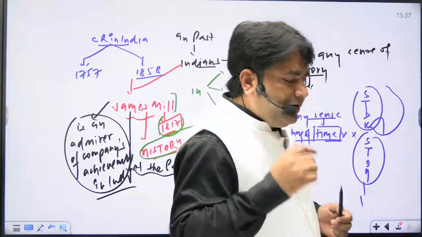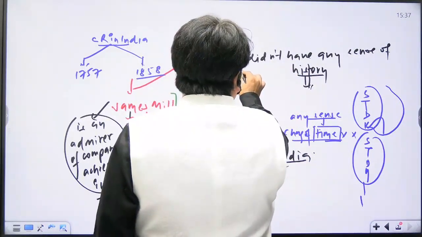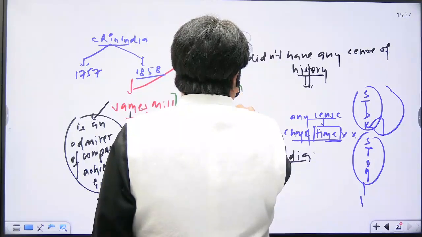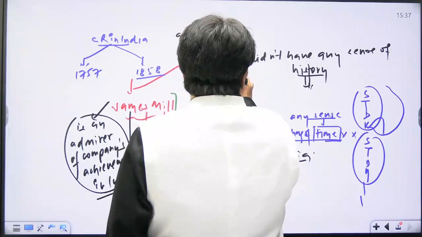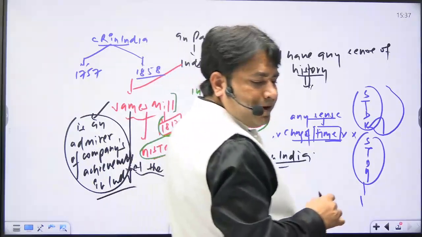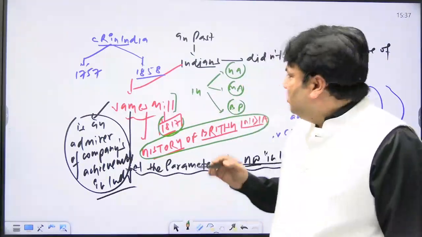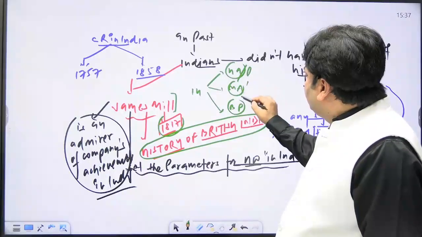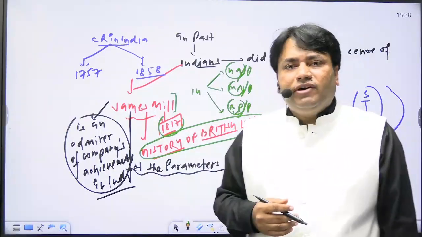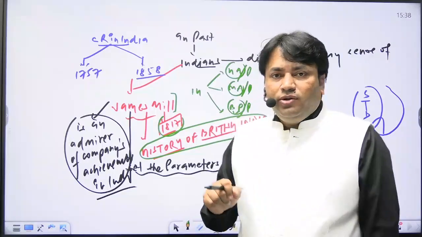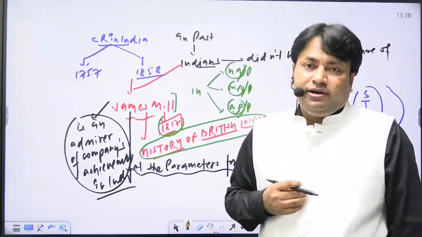And this division was what? He divided it into the Hindu phase, Muslim age, and British period. Hindu age or Hindu period, Muslim age or Muslim period, and British period. This is how he is dividing. And James Mill is not using the word Christian period, he is using the word British period.